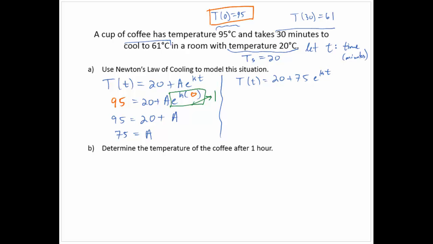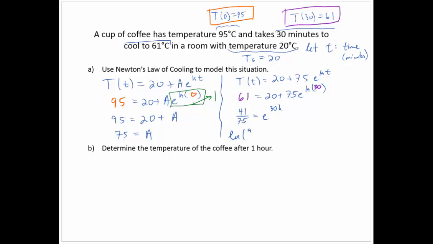And now I'll use the second point. T of 30 is 61. So then 61 is equal to 20 plus 75 e to the k times 30. And now I can solve for k. Subtracting the 20 and dividing by 75, 41 over 75 is equal to e to the 30k. Natural log both sides.